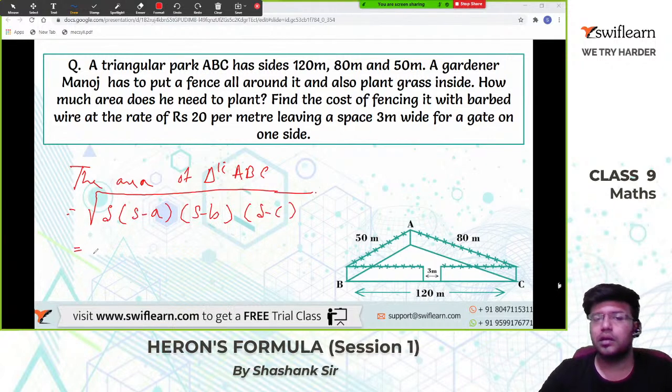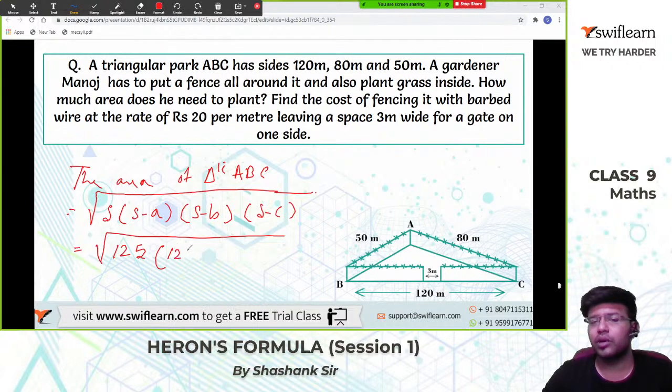How much was s? S is 125. How much is s minus a? 125 minus 50. For the first time I'm going to write one more step, later on I'm going to skip this step and directly write the answer. s minus b, 125 minus 120, and s minus c.